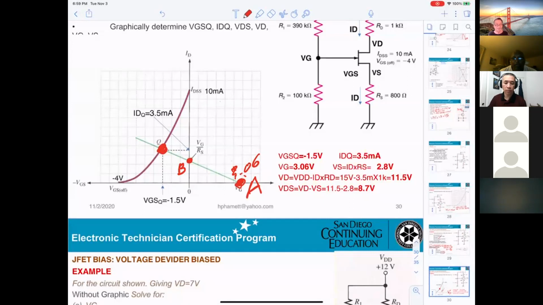Once again, like in the bipolar, do they call that like the load line or something like that? No, they don't have this thing. I know that the load line is graphical too. The graphical method is easier for the JFET.